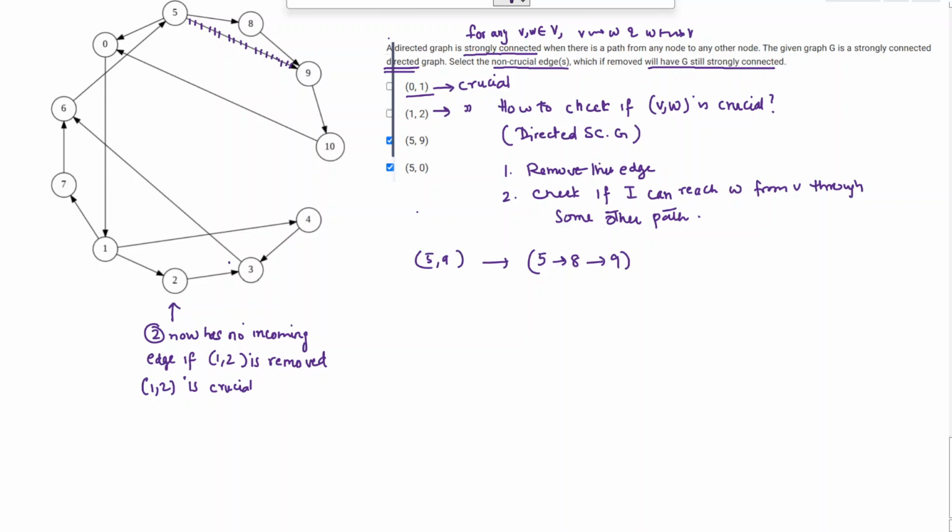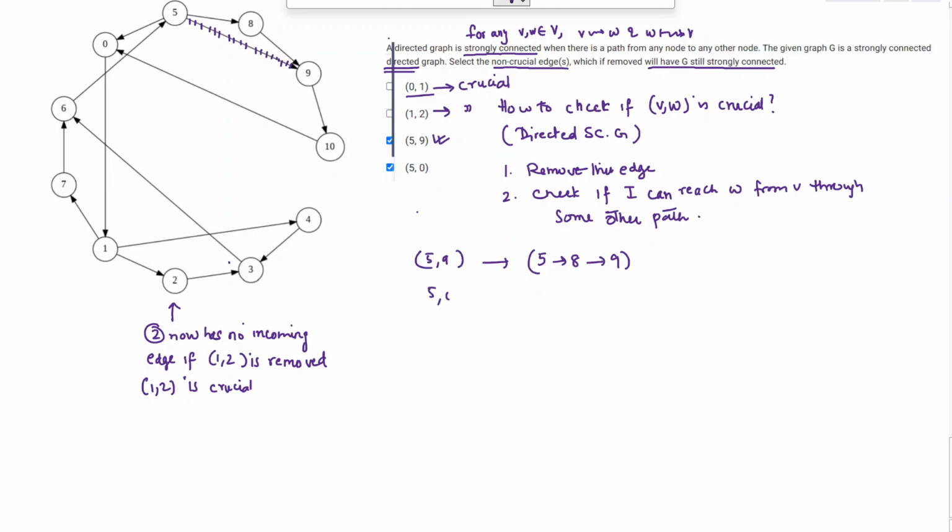That means the edge is non-crucial, because when I remove the edge 5 comma 9, the only vertex that can be affected is 9, because every other vertex is kept intact. So if we can still reach from 5 to 9 through some other means, then we can reach all other vertices. That is why this is non-crucial.